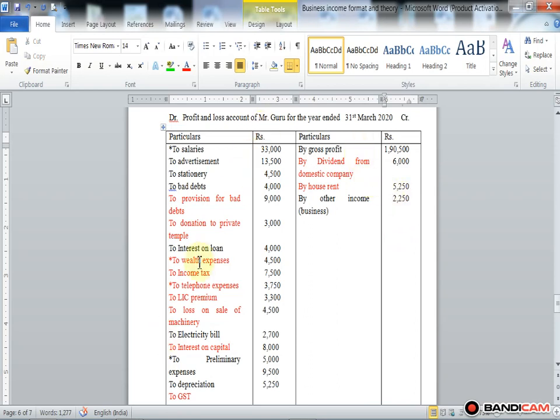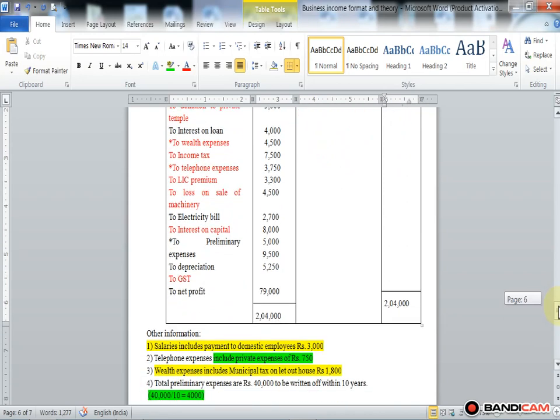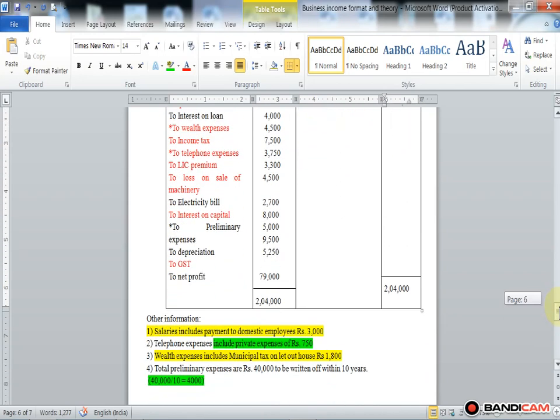Only those expenses which are not related to business are added to net profit, and only those incomes which are not related to the business are deducted from the net profit. We get the correct or taxable income of the business. So here we start to solve the problem.